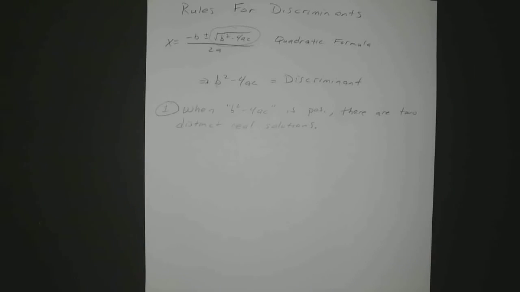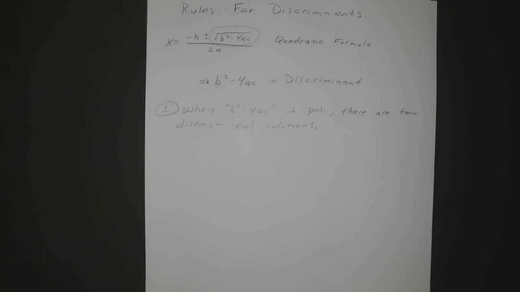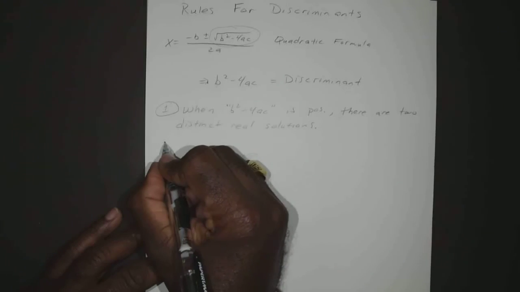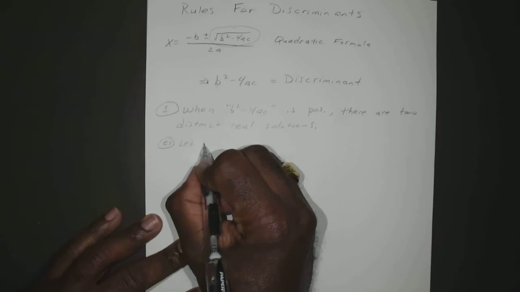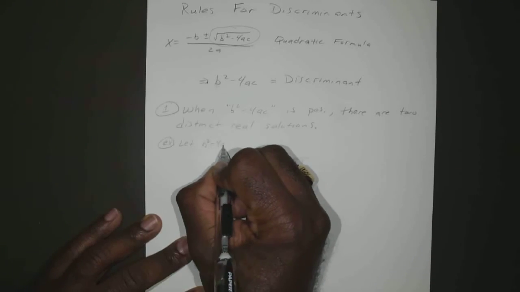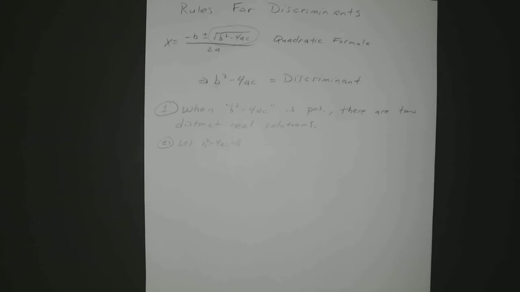Okay. So let's say, for example, we calculated our b squared minus 4ac, and it came out to equal 11. Okay, so let b squared minus 4ac equal 11. We did all the calculating, plugged in all the numbers, and it came out to equal 11.